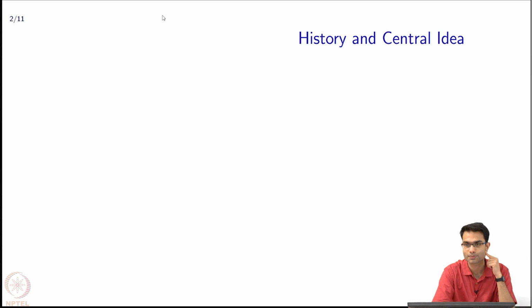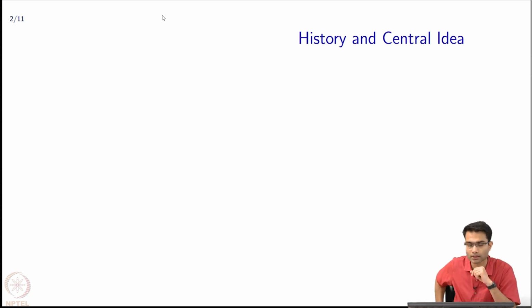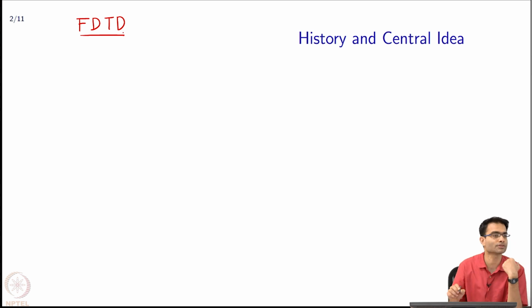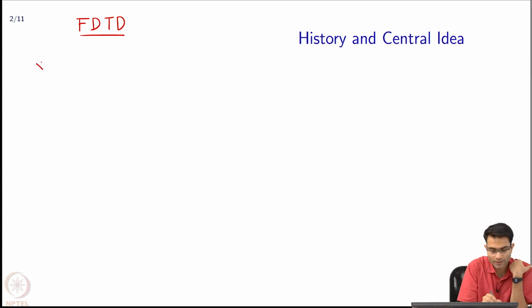So, as before, we would like to start with a little bit of context and history. So, FDTD, that is the short form that we will be using throughout, finite difference time domain. Okay. So, we will see why we call it finite difference time domain. So, a few very general points first.